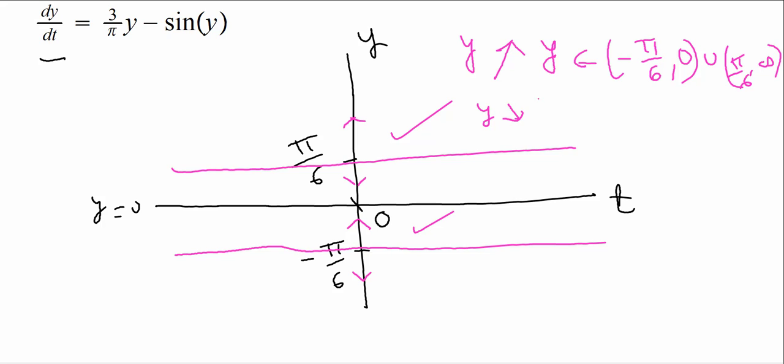On which intervals does y decrease? It decreases on negative infinity to negative pi over 6, forgive my handwriting, and then union, it decreases here, so that's 0 to pi over 6.